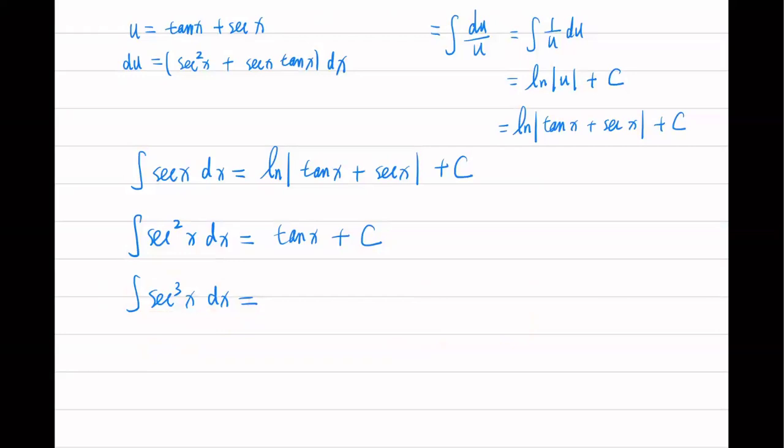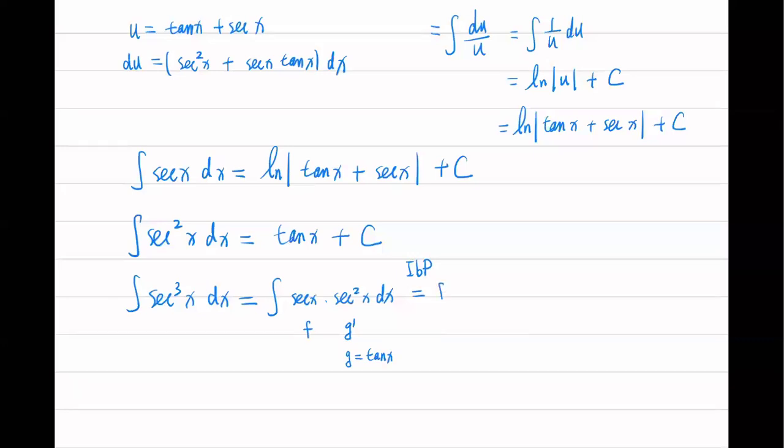Okay, so again, the cube, let's split this into secant and secant squared. Okay, so then when you substitute, this will be f g derivative, integration by parts. Okay, Zichen, what's g? Tangent.